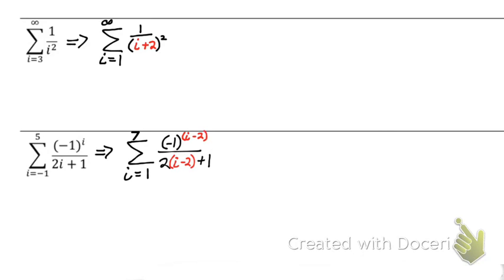Let's just double check that everything worked out. If I plug a -1 in for each of these I's, I'd have -1 for both of those. If I plug 1 in for here, I have 1 minus 2, which is a -1. Everything stayed the same.